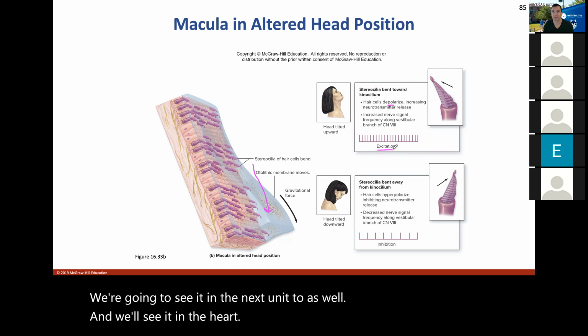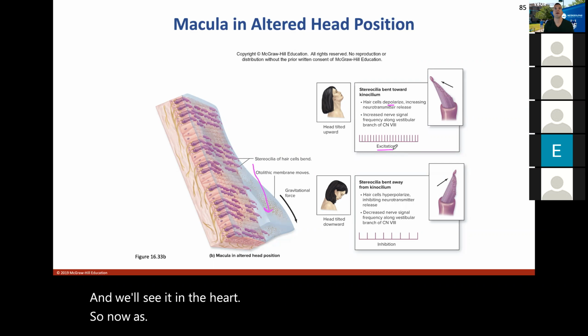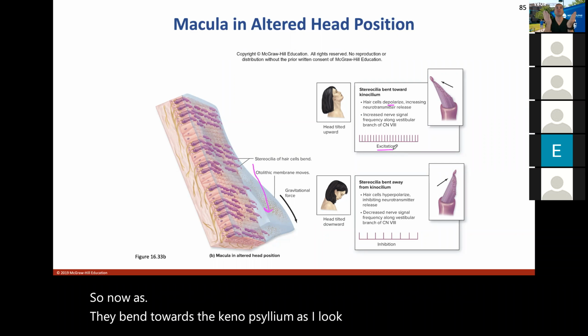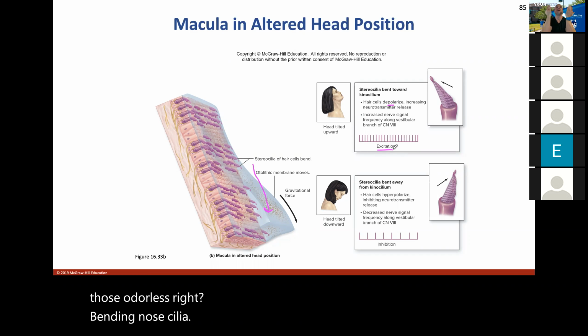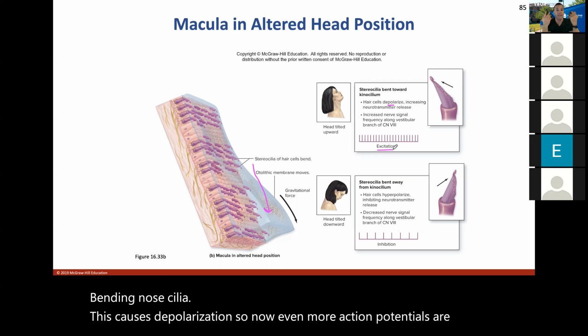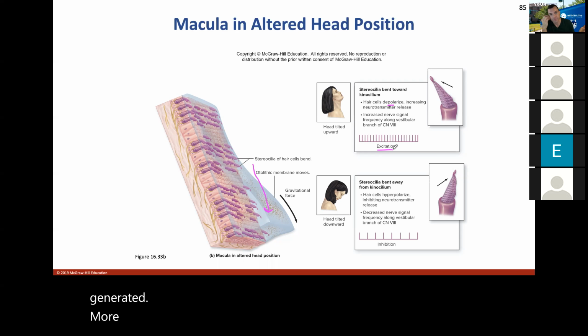So now as they bend towards the kinocilium as I look up, okay, gravity's pulling down those otoliths, right? Bending those cilia. This causes depolarization. So now even more action potentials are being generated. More EPSPs, if you will.